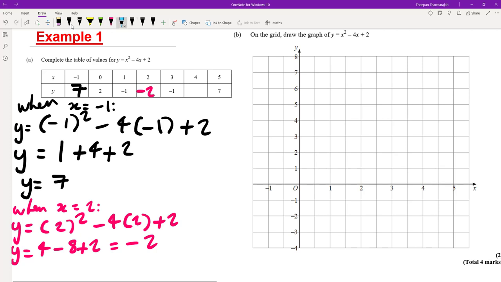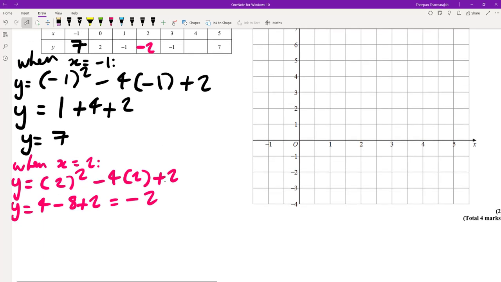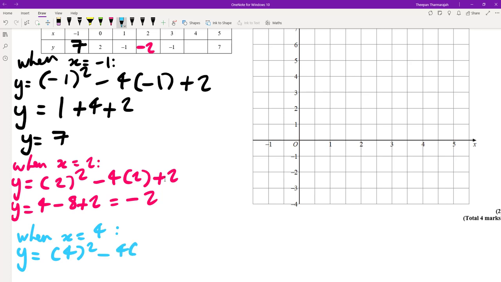Then we're going to do when x equals 4. So I'm going to scroll down a bit. So when x equals 4, we get y equals 4 squared minus 4 times 4 plus 2.